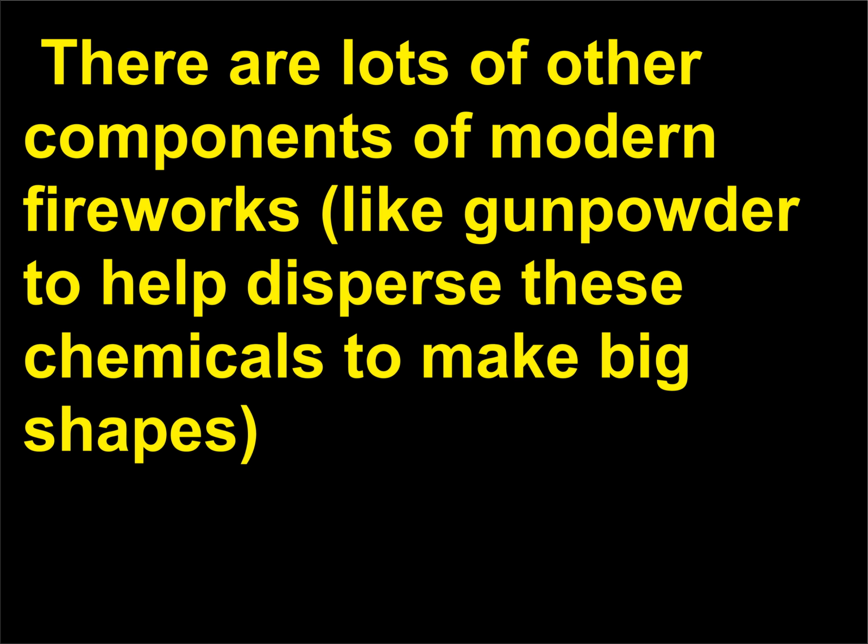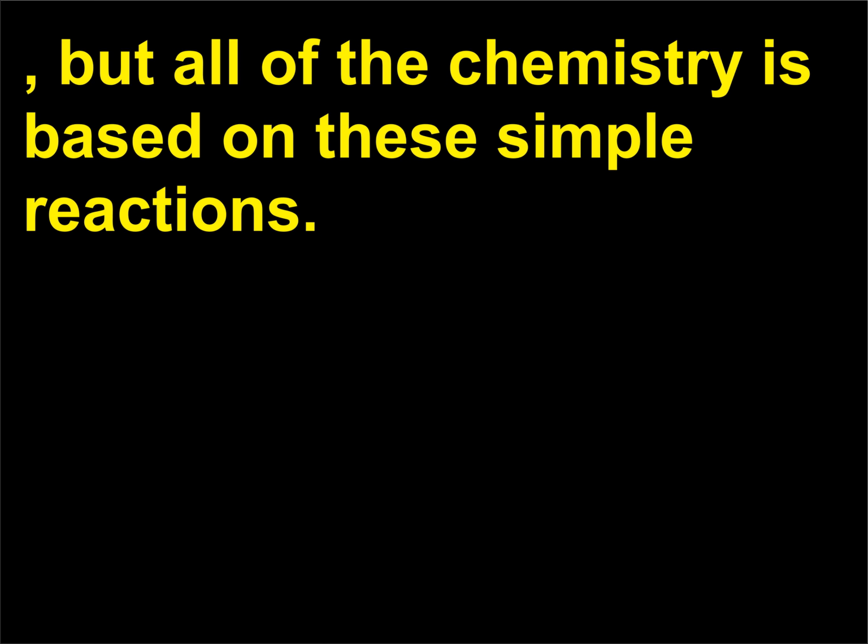There are lots of other components of modern fireworks, like gunpowder, to help disperse these chemicals to make big shapes. But all of the chemistry is based on these simple reactions.